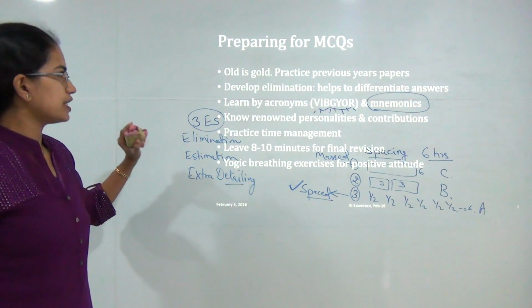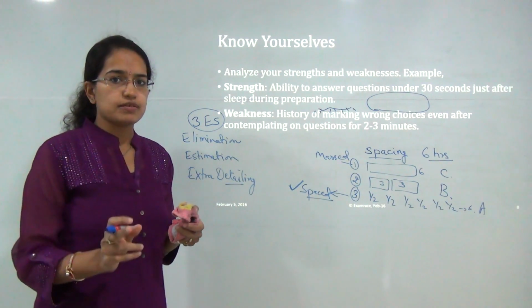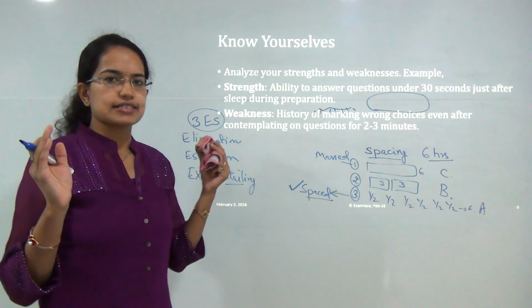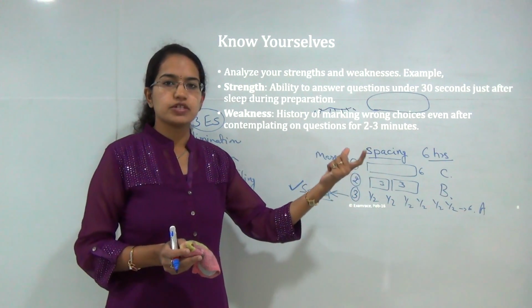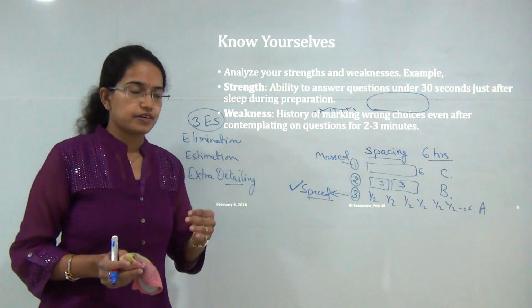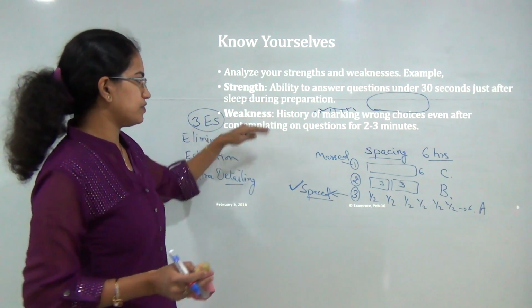So first we'll understand how we can solve. As I said, solving MCQs varies from person to person. So if you are doing group practice learning along with your friends, it's not necessary that the way in which one of your friends is doing it, you will perform better in a similar way. So you have to analyze your strengths and weaknesses.